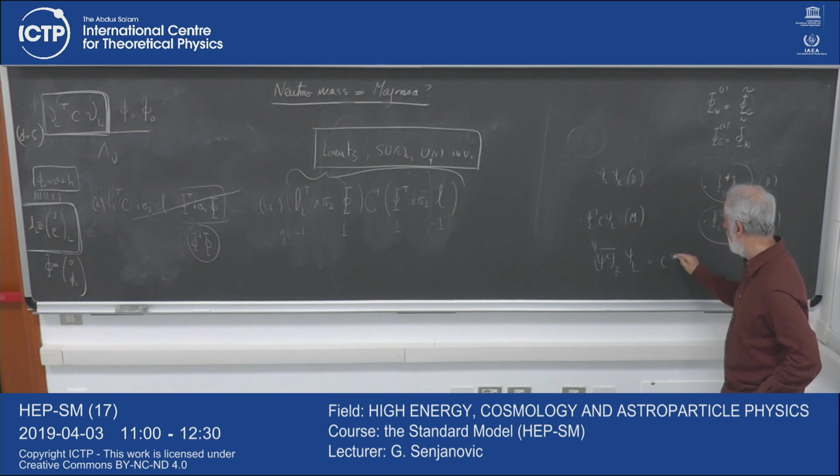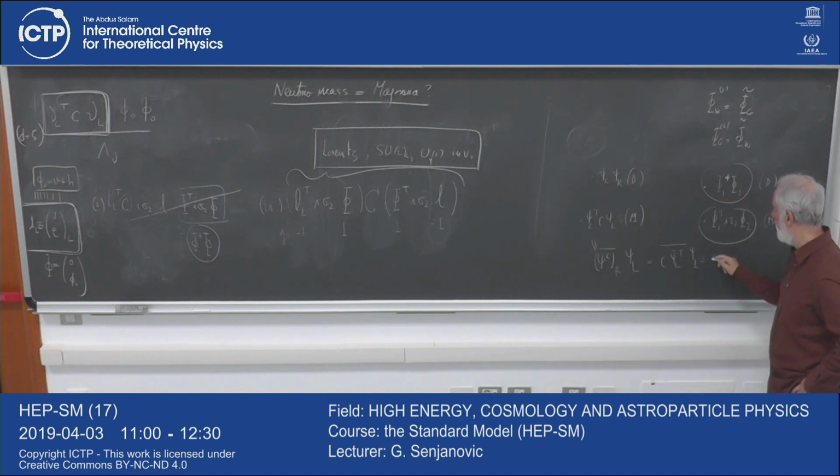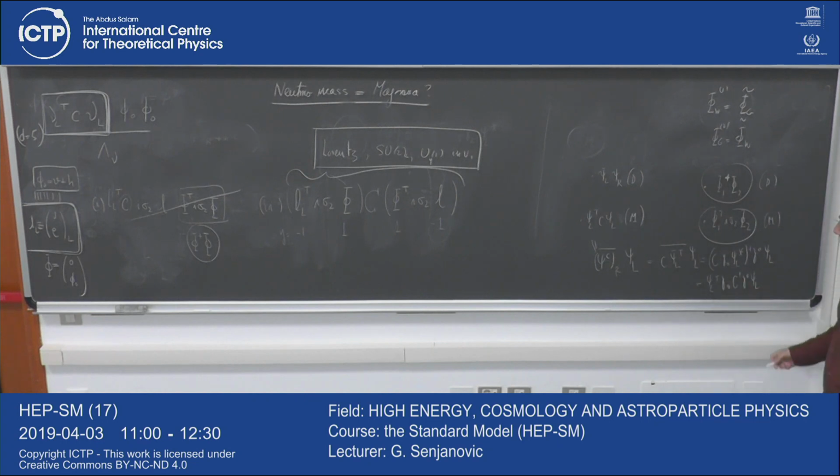Because this is C Psi L bar transpose times Psi L. This is C gamma 0 Psi L star dagger gamma 0 Psi L. This is Psi L transpose gamma 0 C dagger gamma 0 Psi L. Gamma 0 goes through and you get precisely that.